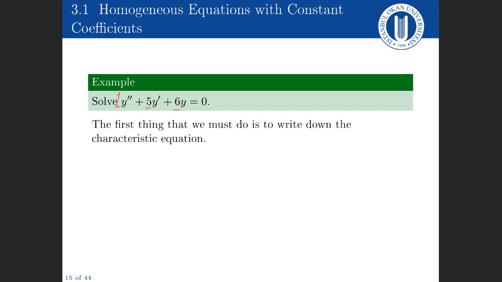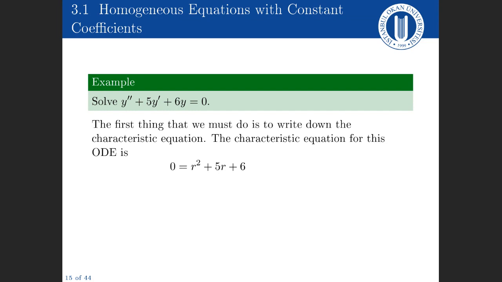So our characteristic equation must be r squared plus 5r plus 6 is equal to 0. Just take the same numbers, replace y double prime by r squared, replace y prime by r, and replace y by 1.